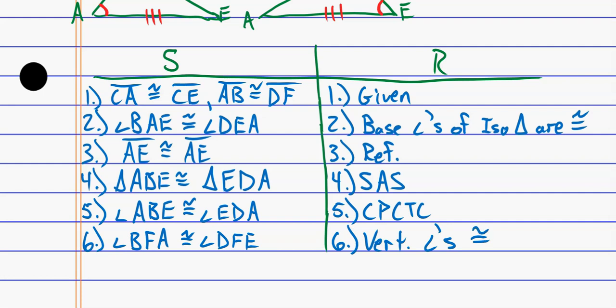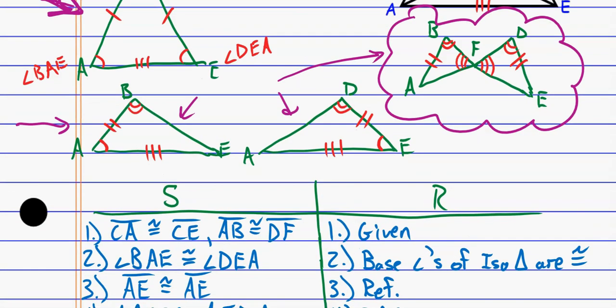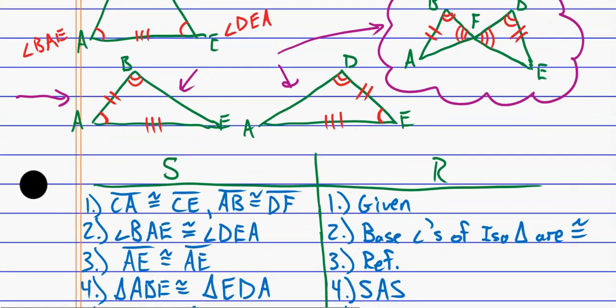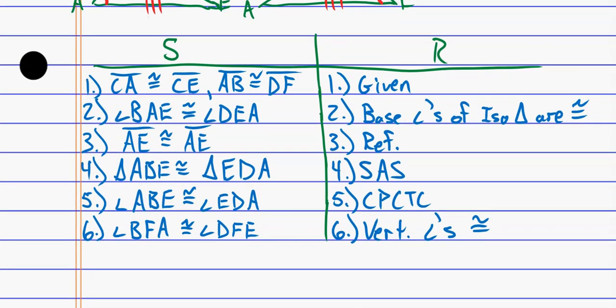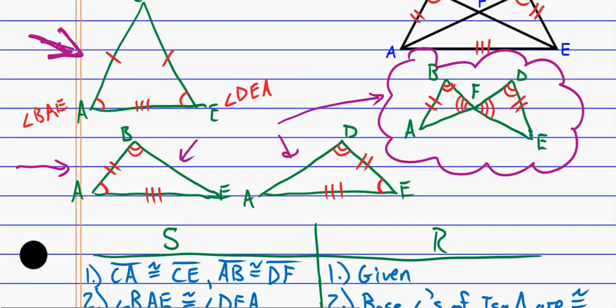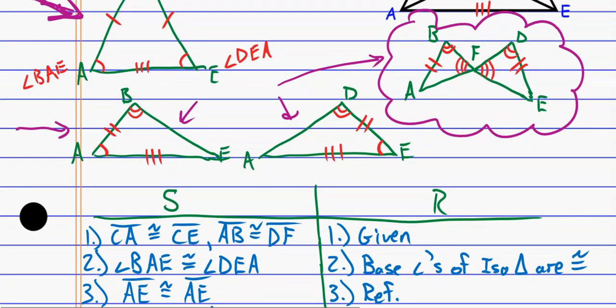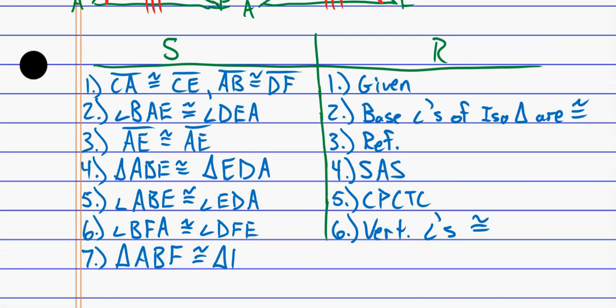Okay? And now that I have that, those two little triangles have to be congruent. ABF, let me check my labeling here. So I did ABF, so EDF. And again, those are congruent because of angle, angle, side this time.